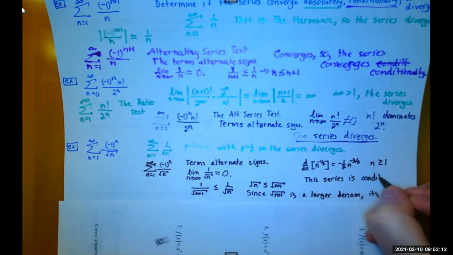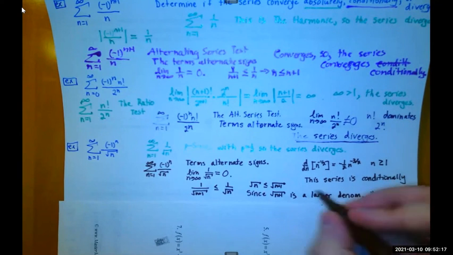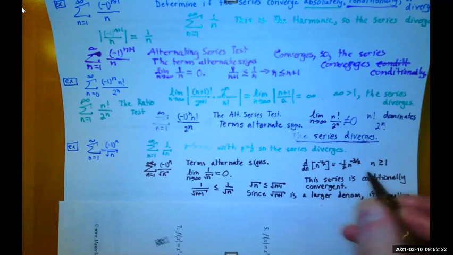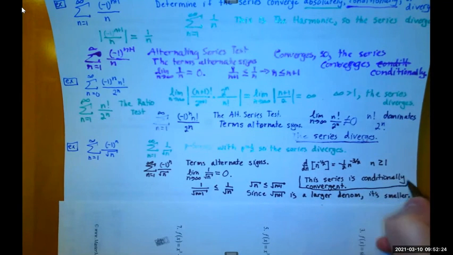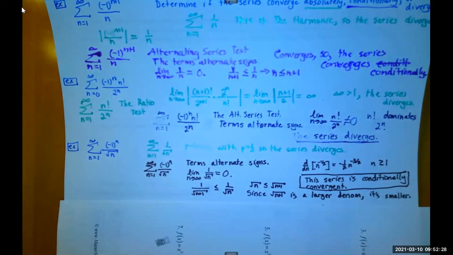So a whole bunch of ways you could do that last part of the alternating series test. Either way, we determine that the series converges. So we conclude that the series converges conditionally. Gorgeous, just gorgeous.